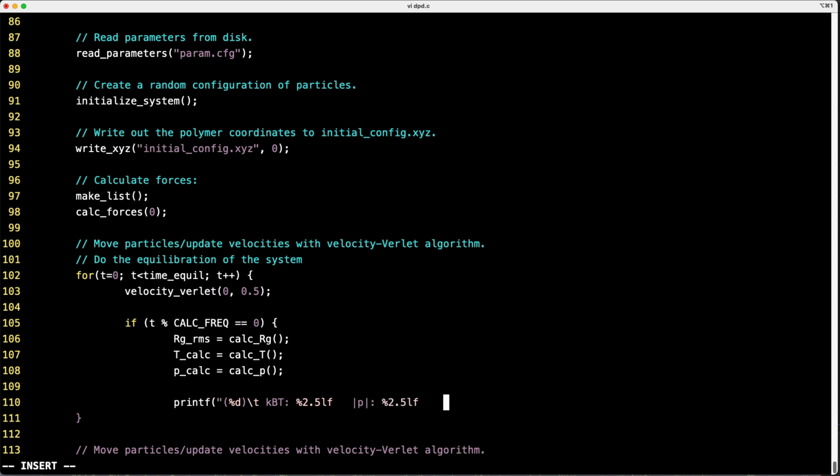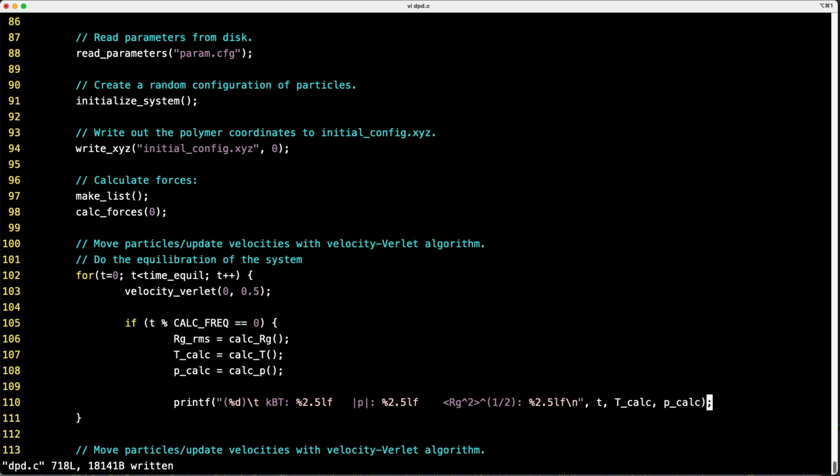Float. RG to the 1/2. So the root mean squared, well, root mean squared radius of gyration. Let's do the same. So we'll output those values to the screen so the user knows what to do, and it'll be the time step, the calculated value of the temperature, calculated value of the momentum.